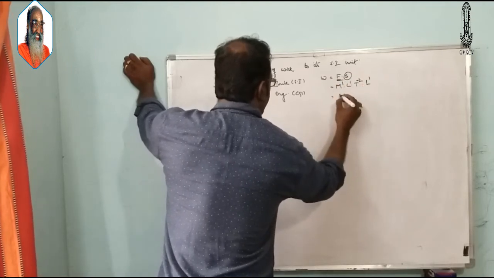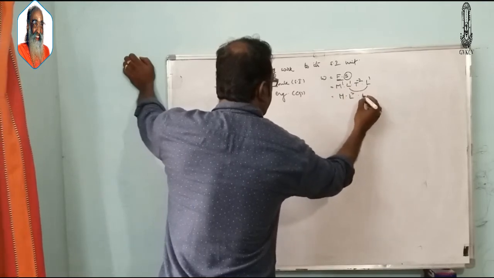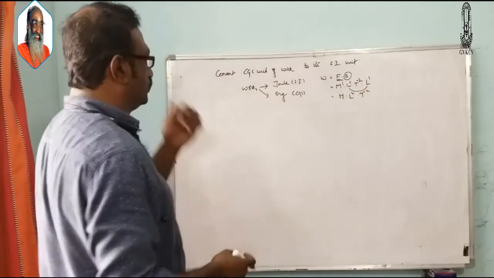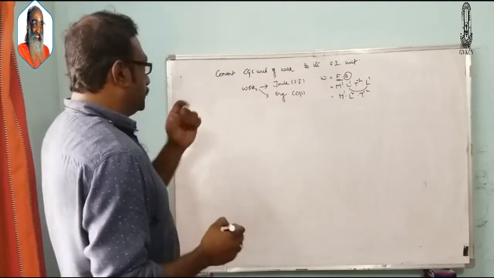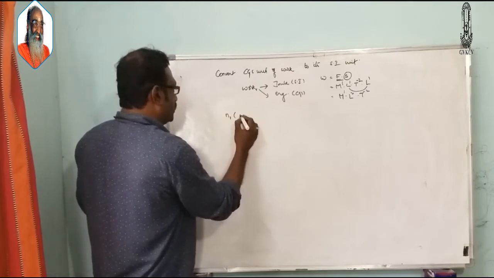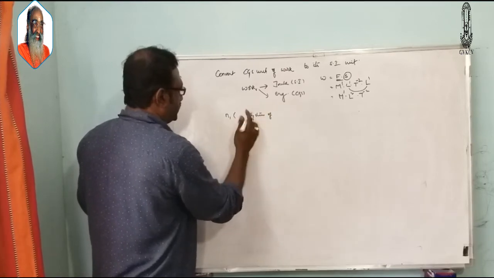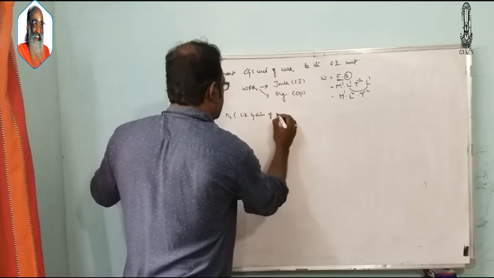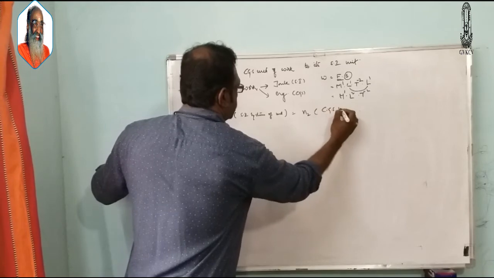So it is M1 L square T to the power of minus 2. Alright, now that's what we are going to do: n1 into one system of unit, or I can take it as SI, is equal to n2 into CGS.